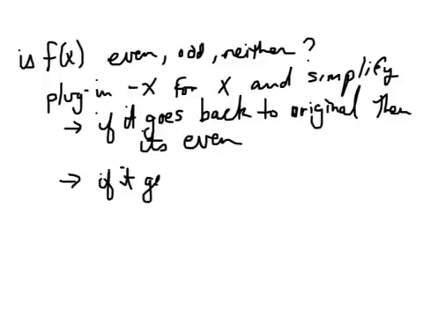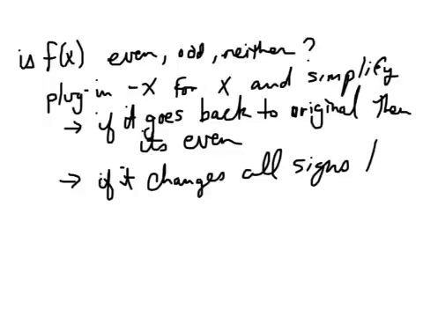If it changes all signs, then it's odd. And the last part of that is, if it doesn't do one of those, it's neither. Okay? So just so that you guys know that that's the other option, for the neither, it doesn't do even and it doesn't do odd.